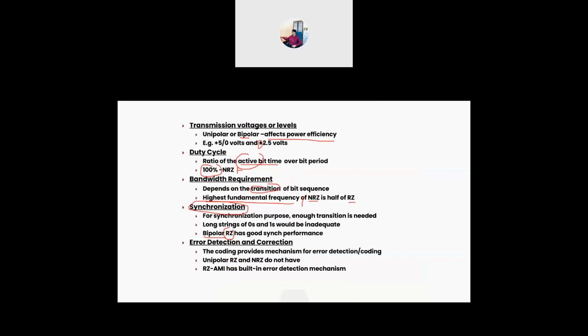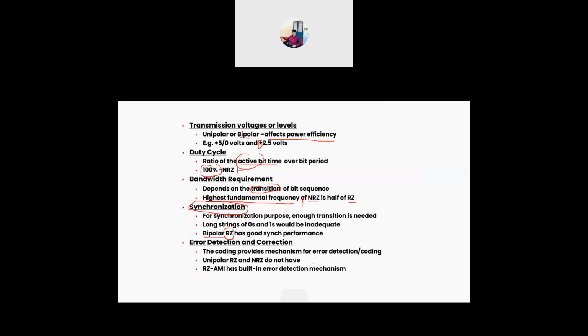Next is error detection and correction. We have the ability to detect errors, but we do not just stop there; we need to correct the errors. For a system to be reliable, it needs to be able to detect errors and also correct them. The coding provides a mechanism for error detection.